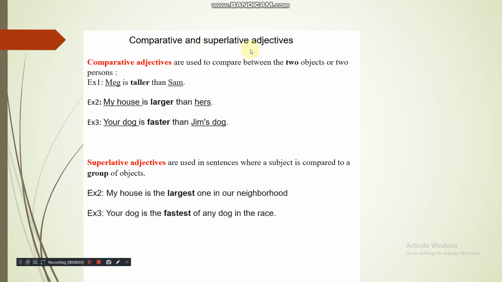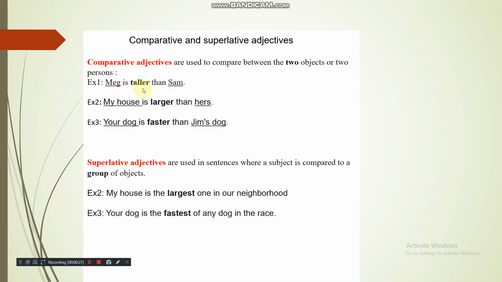Comparative and superlative adjectives. Comparative adjectives are used to compare between two objects or two persons. Example, Meg is taller than Sam. So here we were comparing between Meg and Sam.